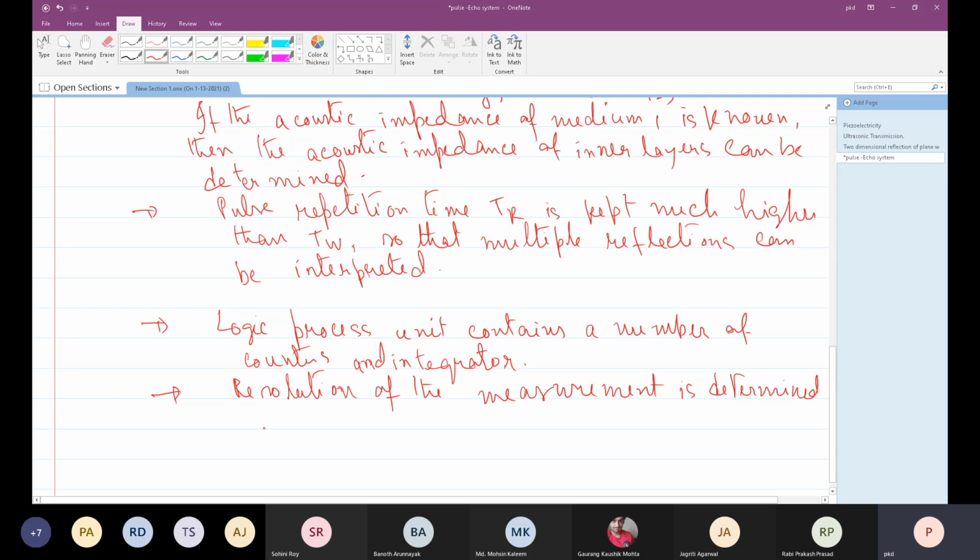Determined by TW. That is equal to TW by 2, because within this TW it takes into account the round trip time.